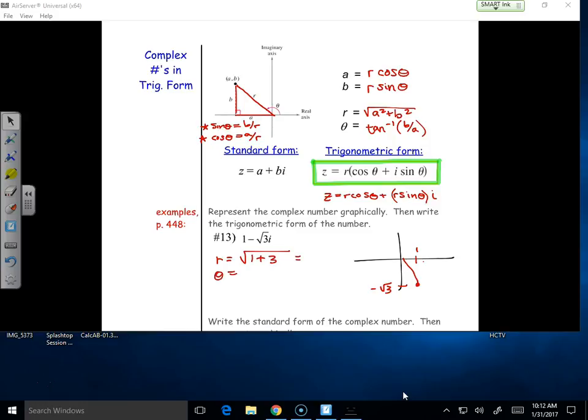Root 3 squared is just 3. 1 plus 3 is 4, square root is 2. Well, let's find an angle. Tangent inverse of b over a, so I have negative root 3 over 1. What angle has an opposite of root 3 and an adjacent of 1?